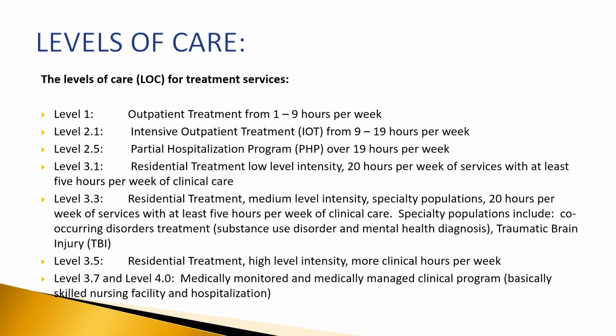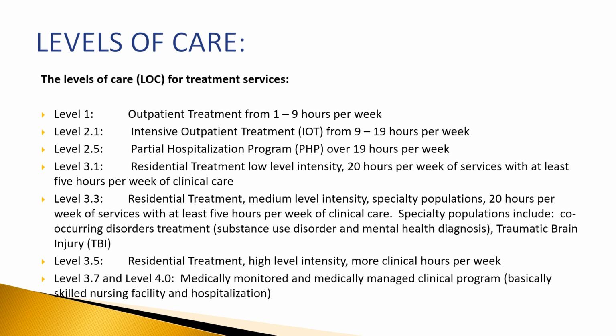Level 2.1 is called intensive outpatient treatment, IOT, which is from 9 hours to 19 hours per week. Level 2.5 is called partial hospitalization program, PHP, which is over 19 hours per week. They are at the program.